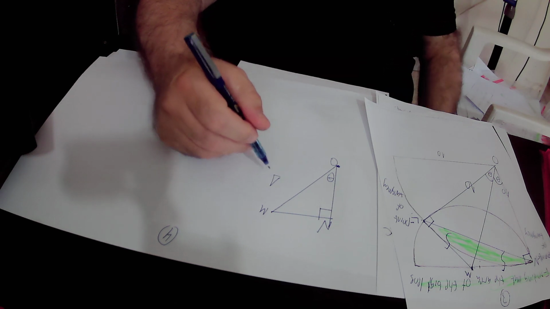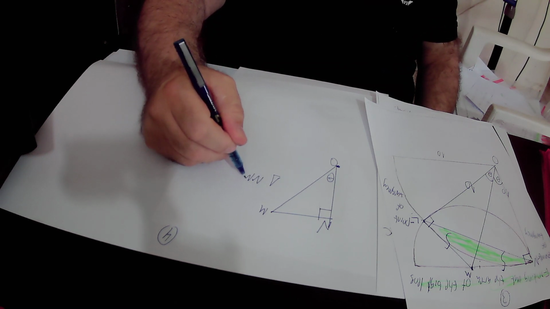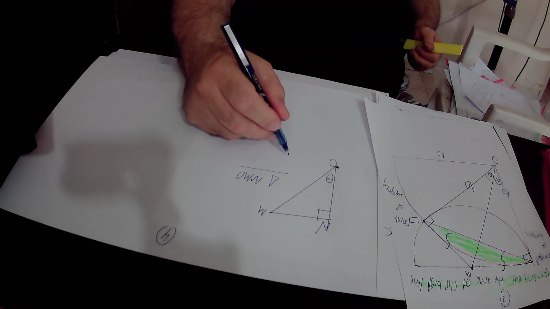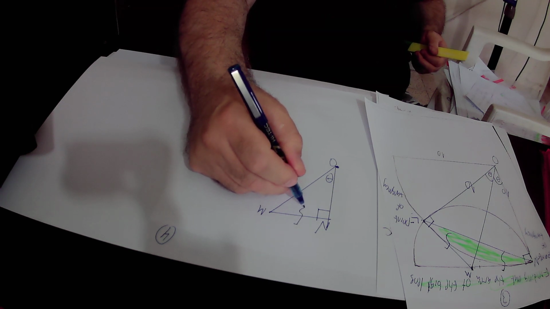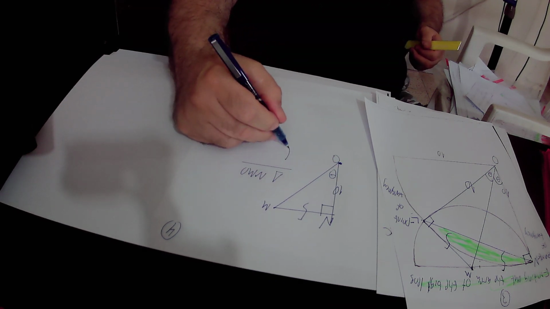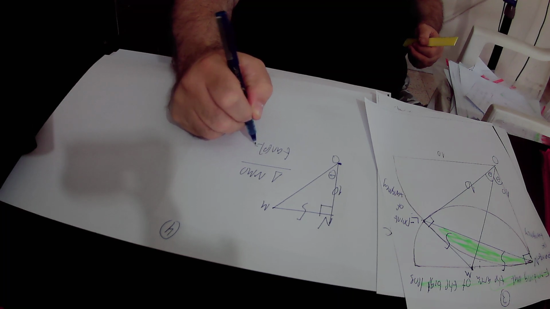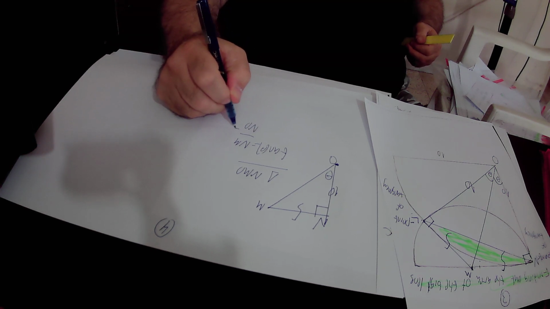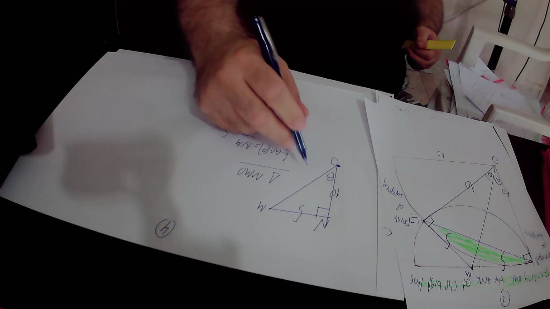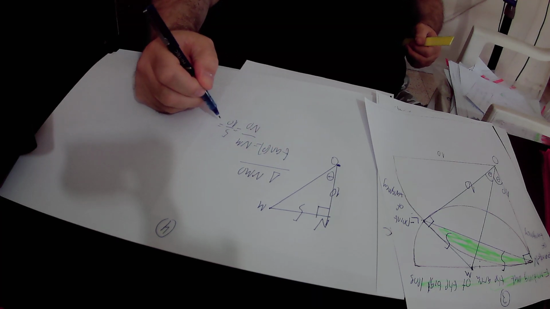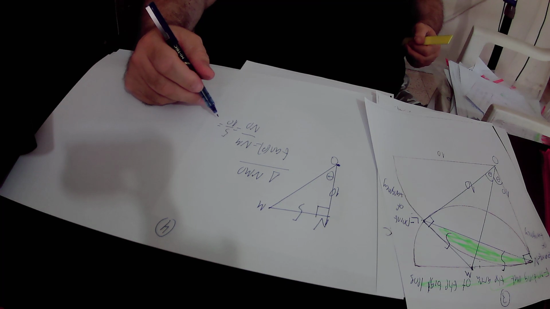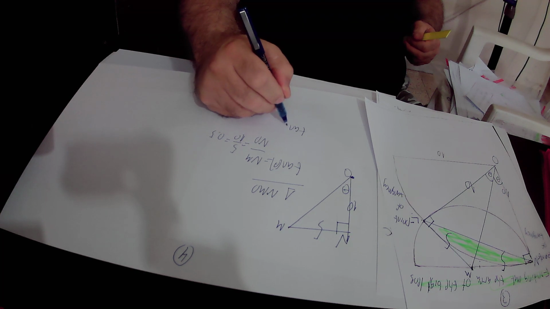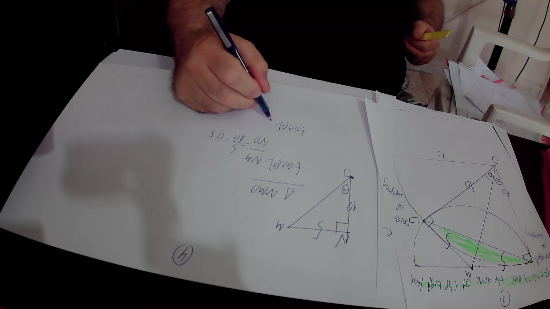So in the right triangle NMO, it is very easy to see that tangent theta equals NM over NO. NM equals 5, NO equals 10. 5 over 10 is 1/2, that is 0.5. So in conclusion, I found out that tangent theta equals 0.5.